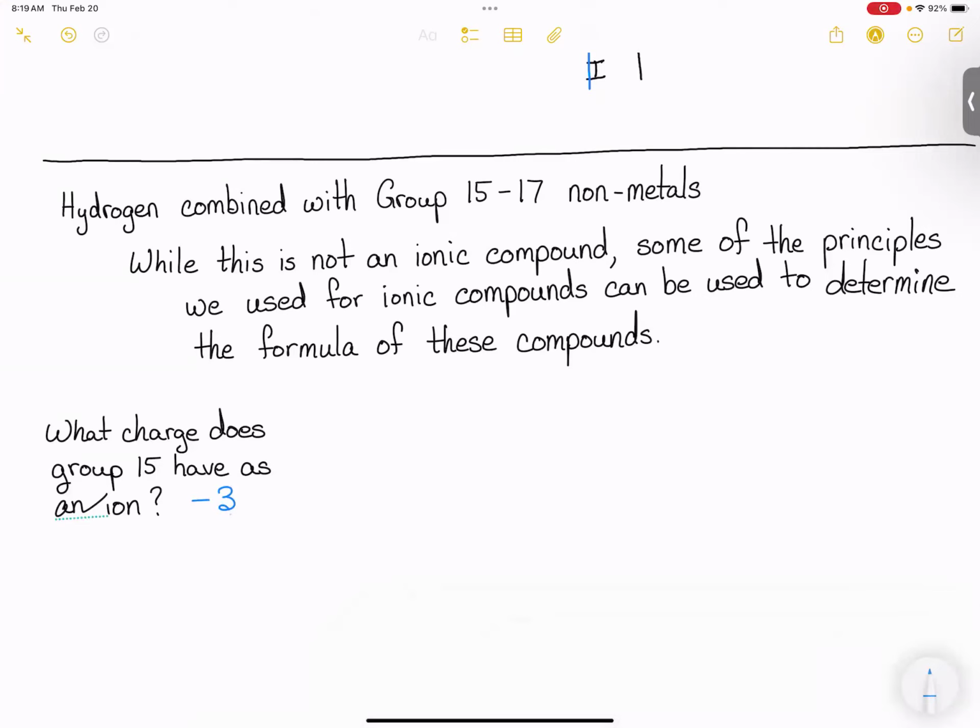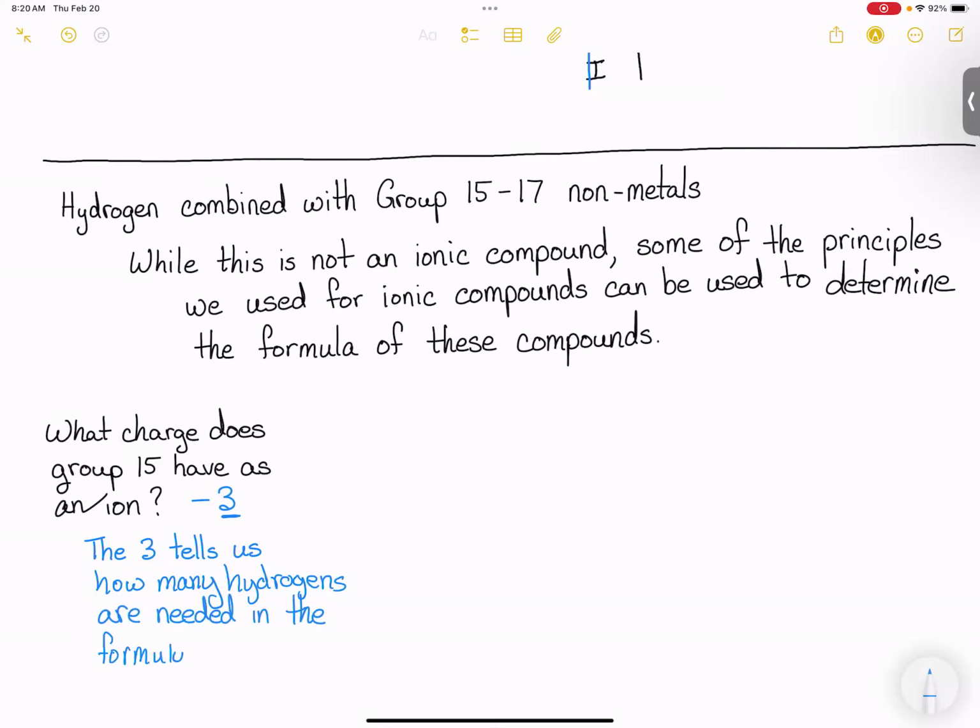That 3 tells us how many hydrogens are needed in the formula for these compounds.